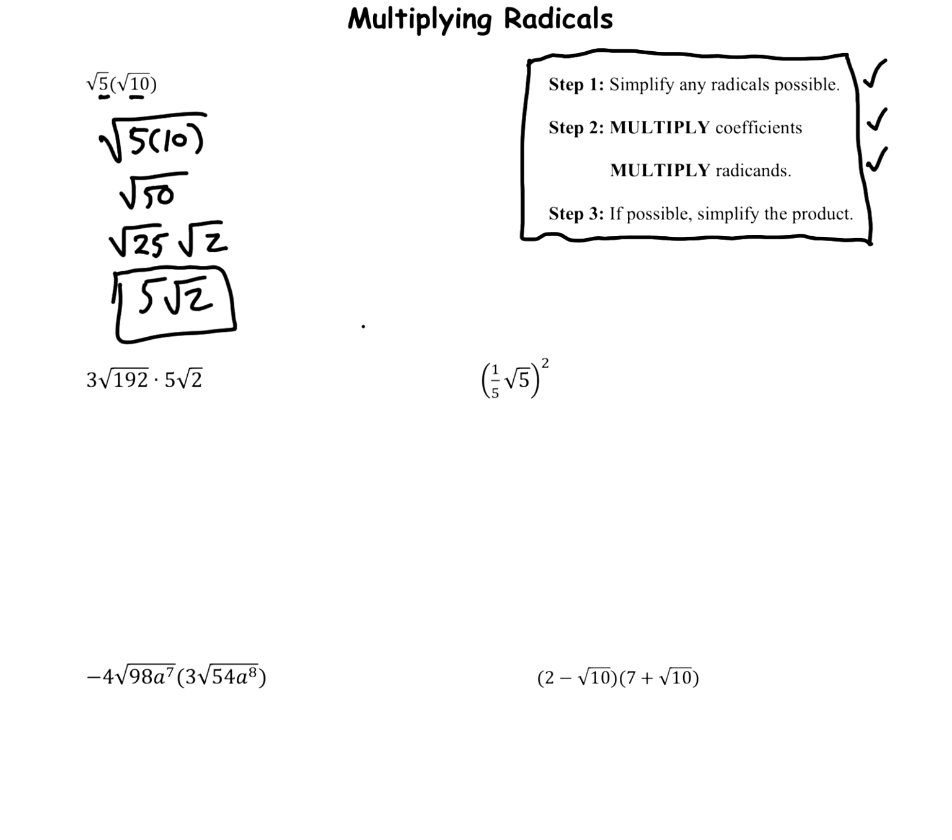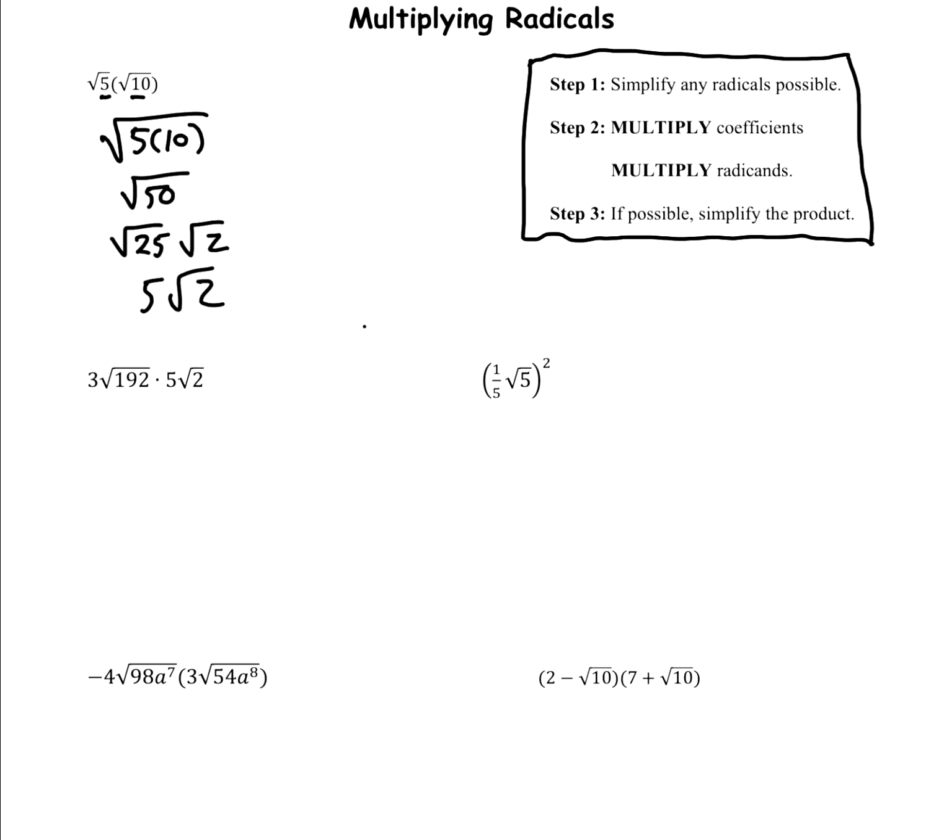Let's look at the next one. Step 1, let's simplify any radicals possible. So radical 2, can't simplify that anymore, but radical 192, what's the highest perfect square that goes into 192? 64, so that would be 3 radical 64.